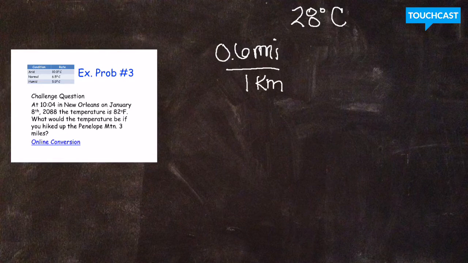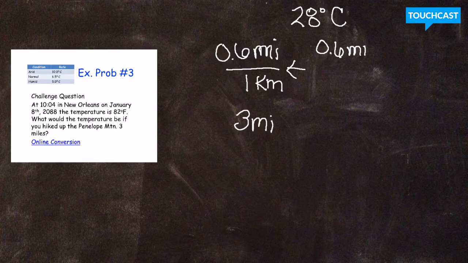So if you've run a 3K, you're already pretty familiar with that. So we start with 3 miles. Anytime you have a proportion, remember you can write it as 0.6 miles equals 1 kilometer, or 1 kilometer. That's all we need to know there.